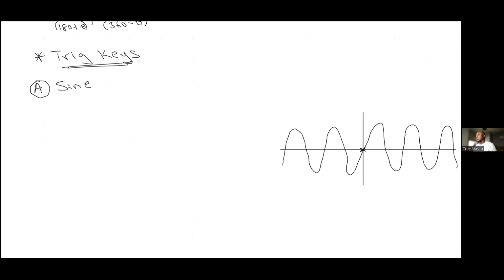Pardon my drawing. Let me see if I can draw that better. Something like this. Okay, I think this looks better. So this is a sine graph, and I told you the maximum you get is 1, and the minimum you get is -1.